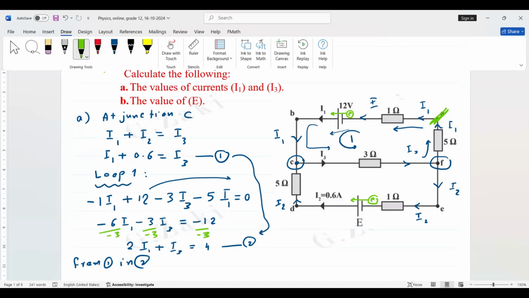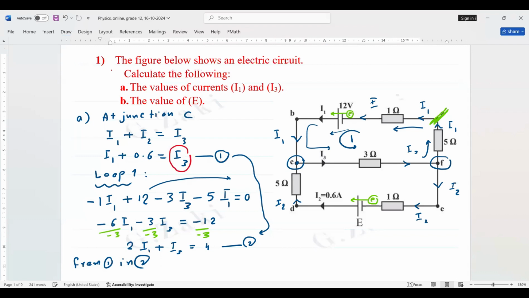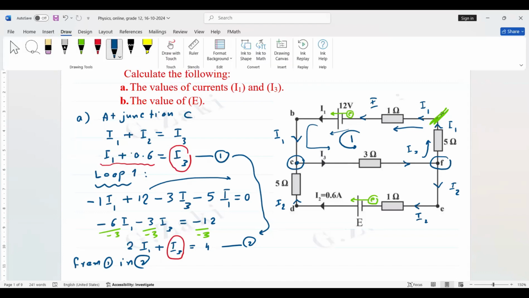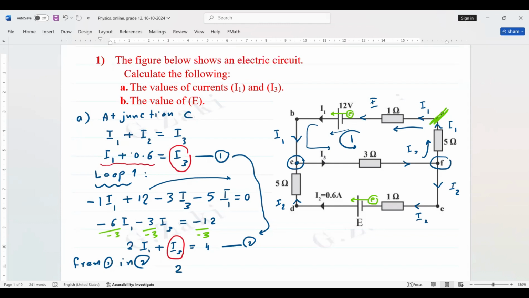We just replace I3 by its value. Its value is I1 plus 0.6. Then you will get 2 I1 plus I1 plus 0.6 equals 4.